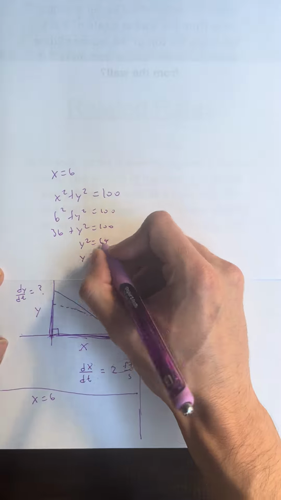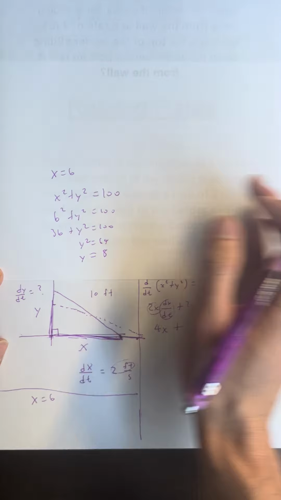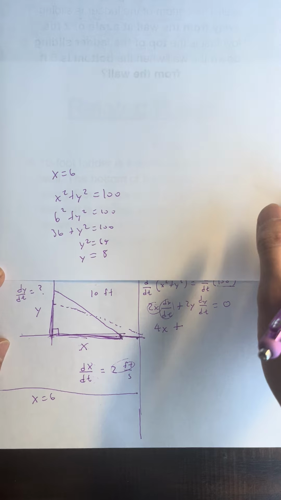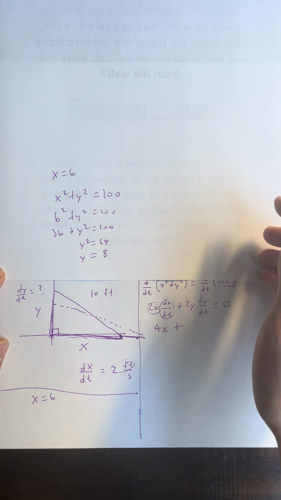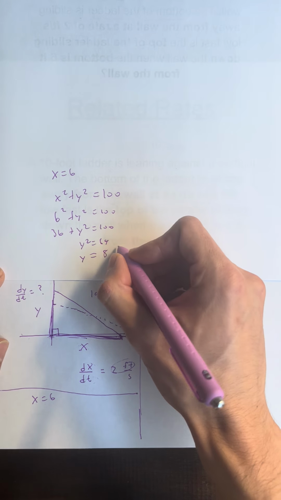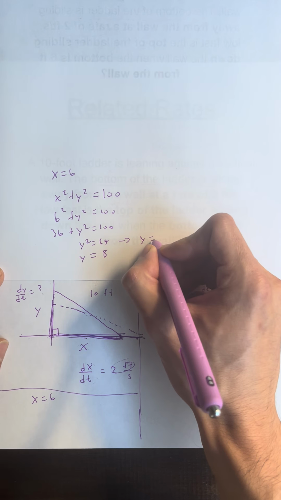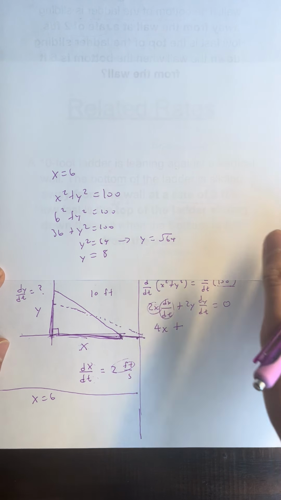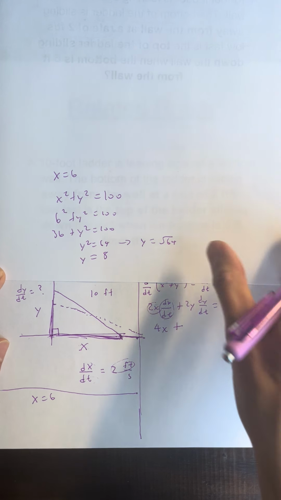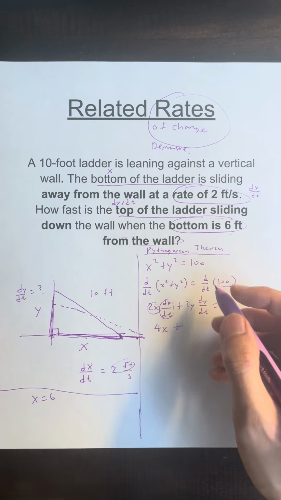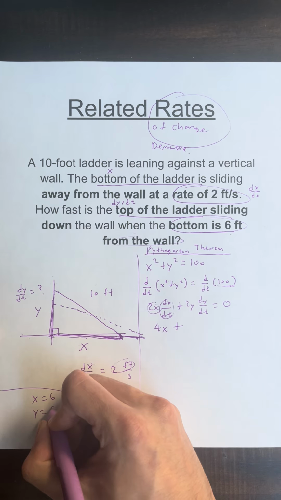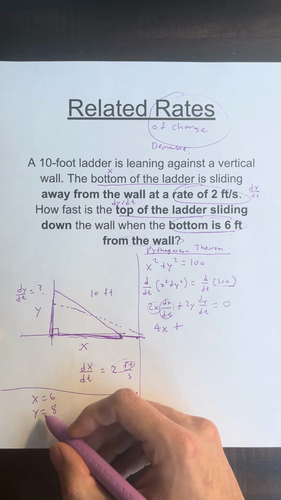Take the square root of both sides of this equation, you get 8. Right. And then from that you get that y is 8. Should I write it here or should I write it here? Okay, we'll just write it here.